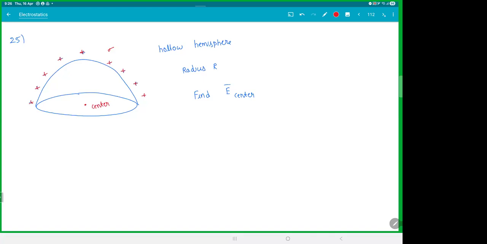Find the electric field at the center of the hemisphere. You have to integrate a bit.